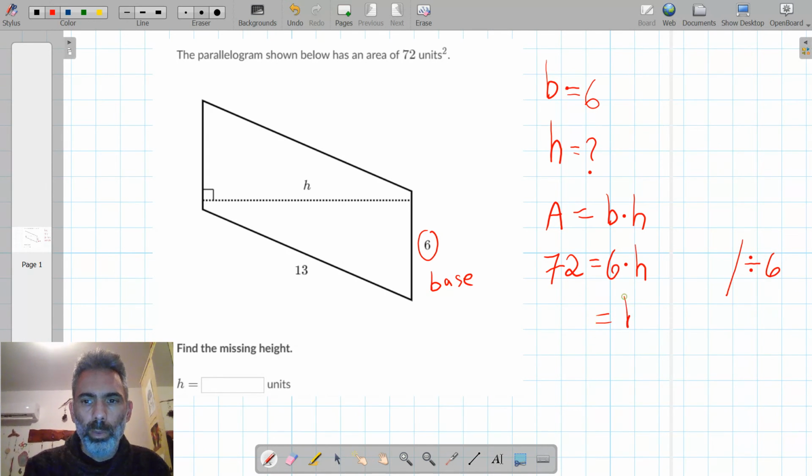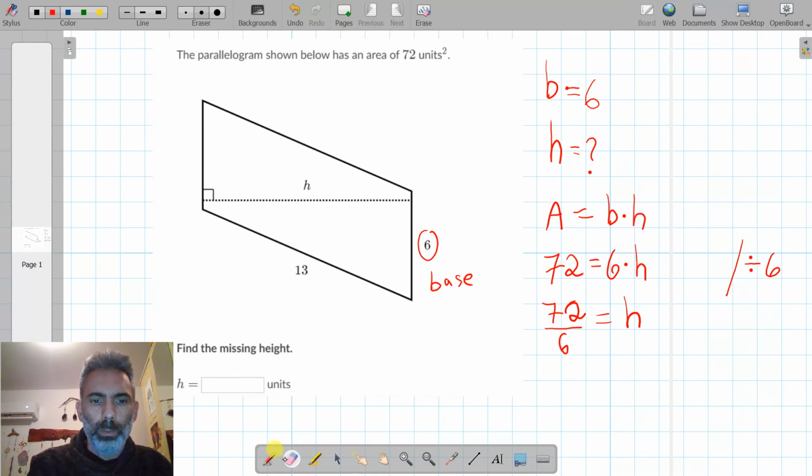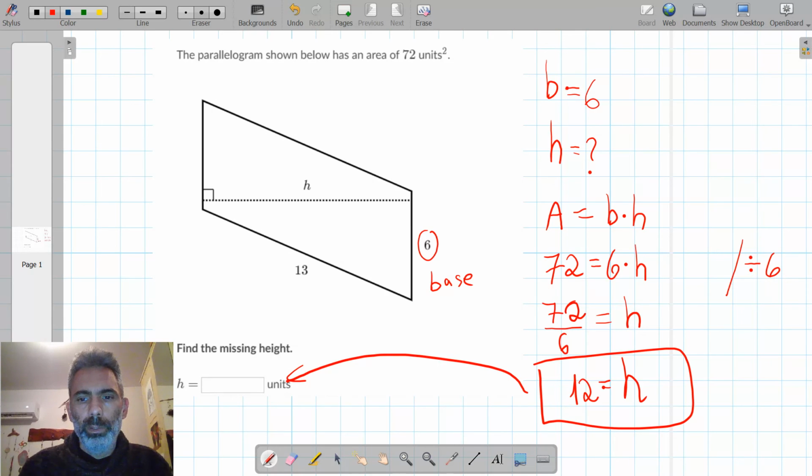So we are left with H on one side, and when we divide 72 by 6 we get 12, right? 12 times 6 is 72. So we are left with 12, which means that H equals 12.